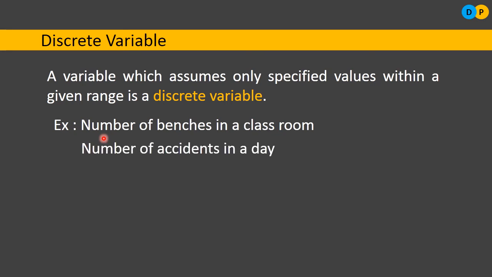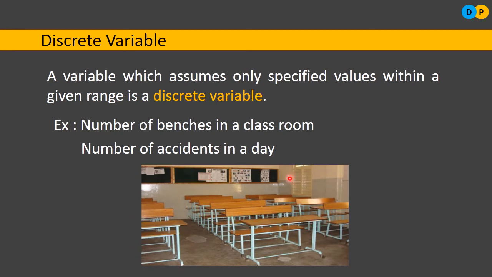Next example: number of benches in a classroom. In a classroom, benches take a discrete value. They say there are 10 benches, 30 benches, an exact number. When you are able to produce an exact figure, that is referred to as a discrete variable. Another one is number of accidents in a day. You can say exactly: 5 accidents, 10, 7. Then that is referred to as a discrete variable. Please notice the representative diagram. Within a classroom you can count exactly how many benches there are, so that variable is a discrete variable.